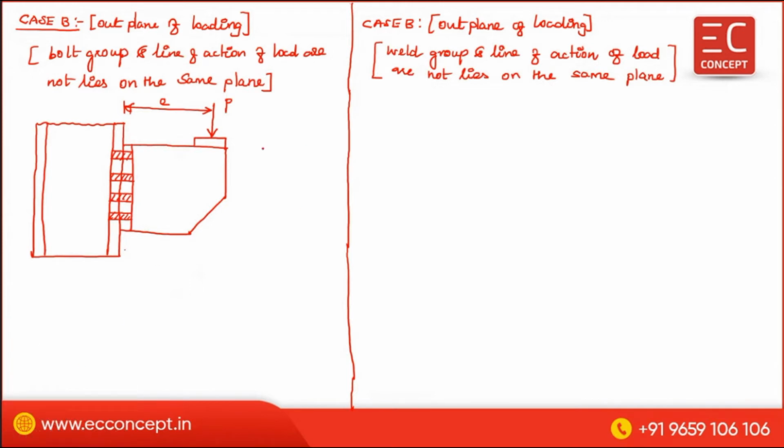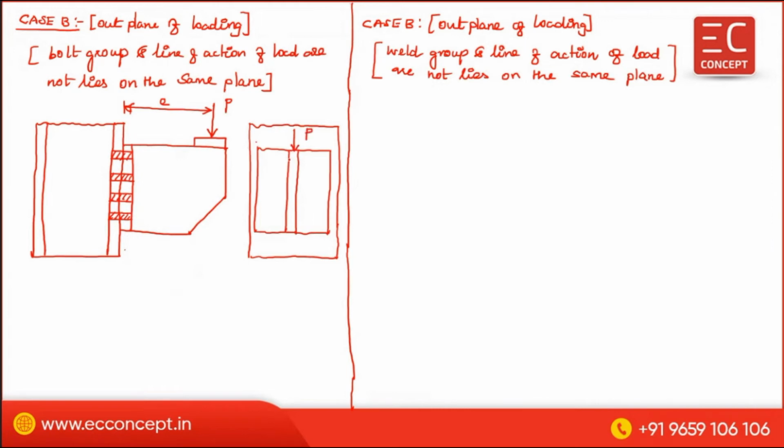Okay, now if you look at these things in a front view, then you can see this. There was a load P. This load is acting, and there are 4 bolts.